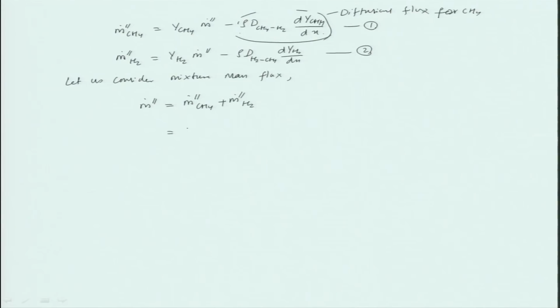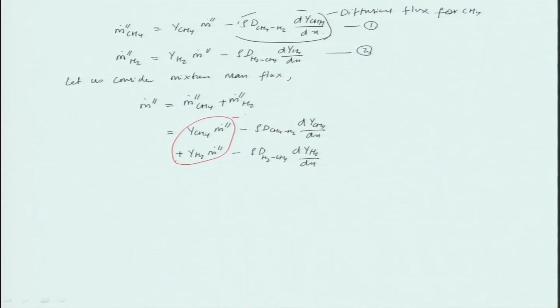So, Y_CH4 m dot double prime minus rho D_CH4-H2 dY_CH4/dx, plus Y_H2 m dot double prime minus rho D_H2-CH4 dY_H2/dx. If I add this together, what would it be?